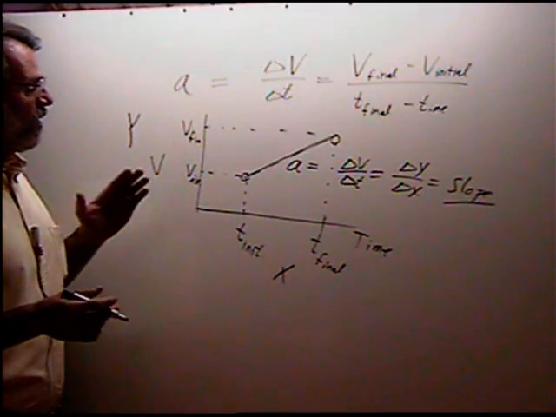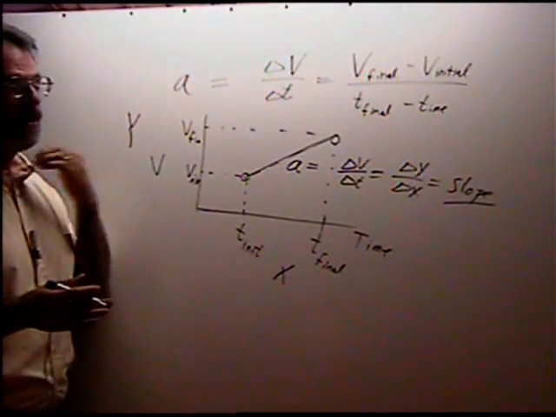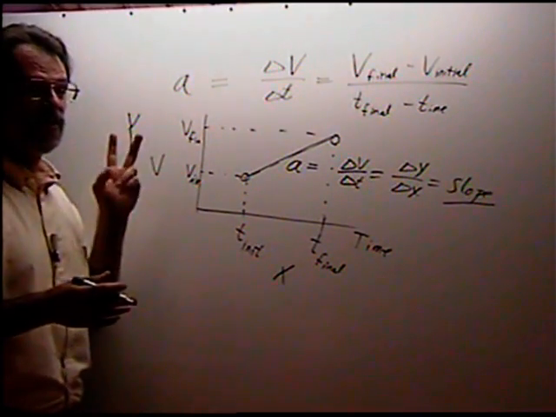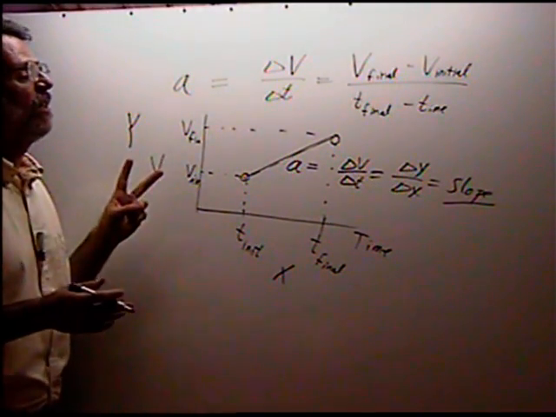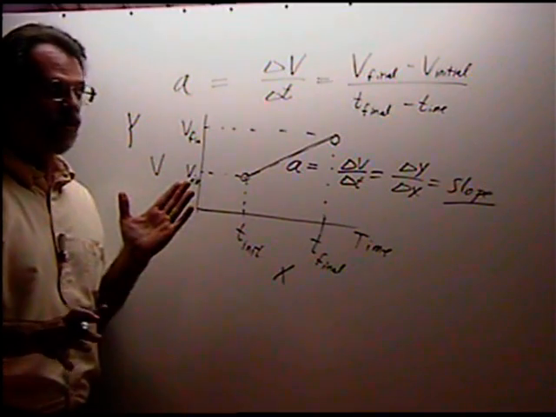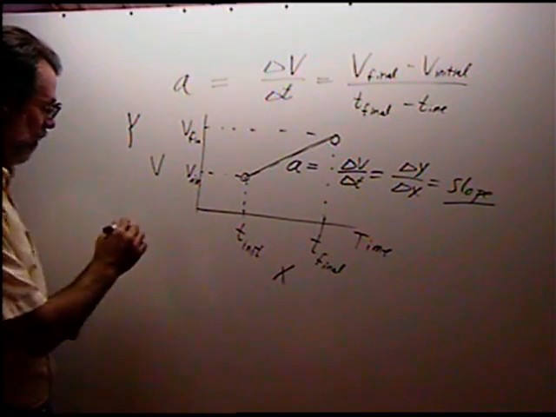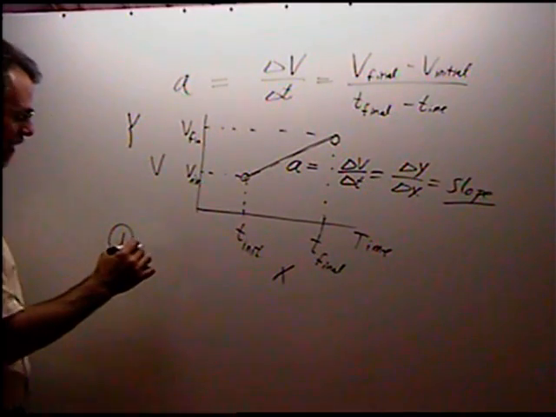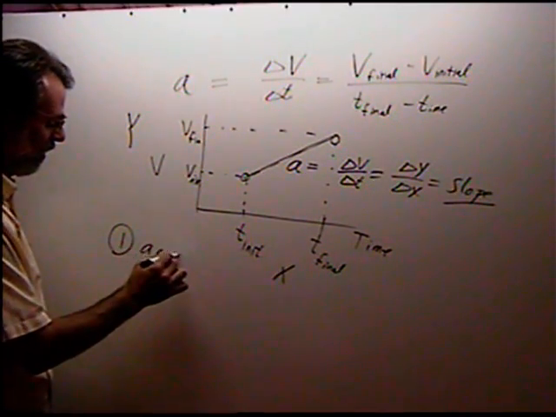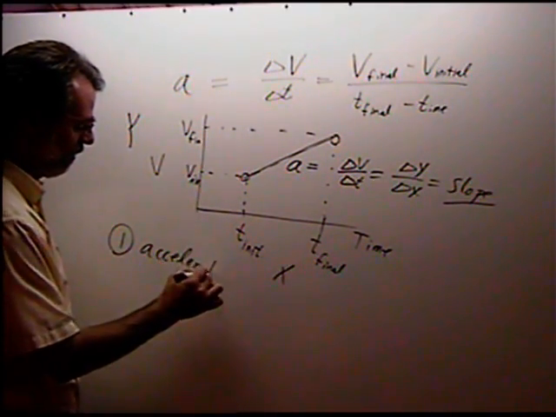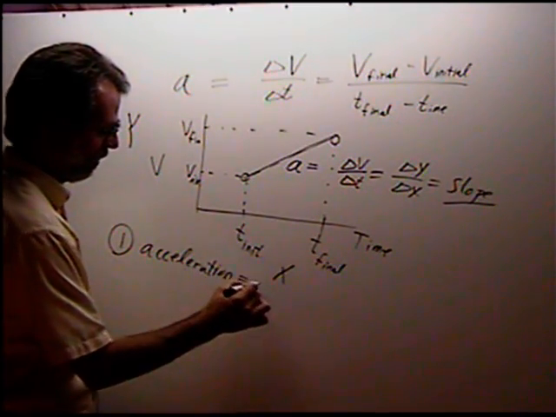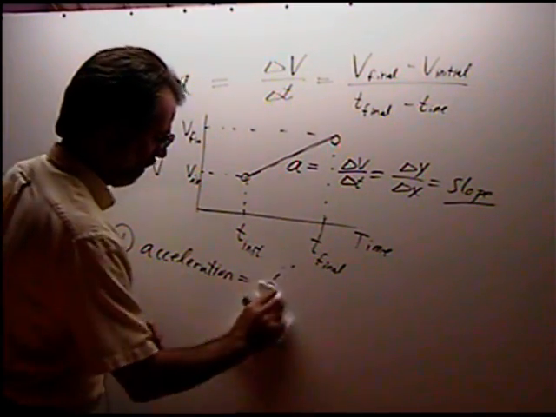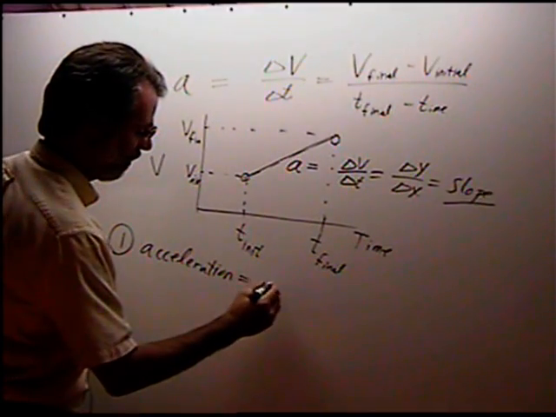So, there are two main assumptions that all the equations in Chapter 2 are derived with. Number one, the acceleration is a constant.